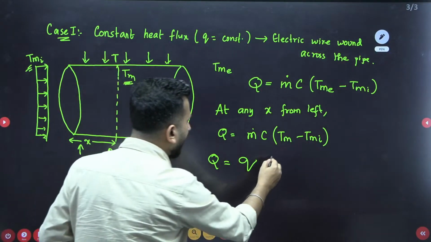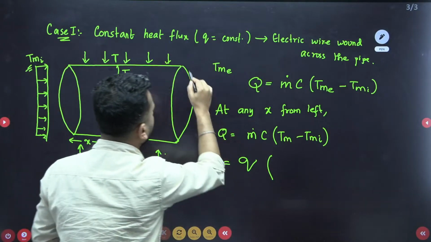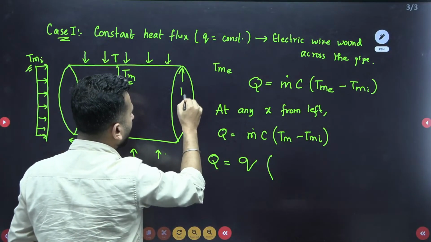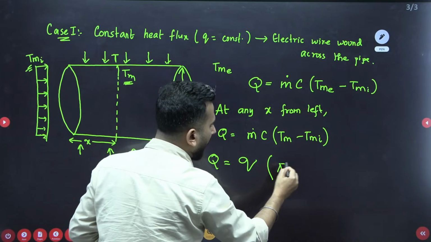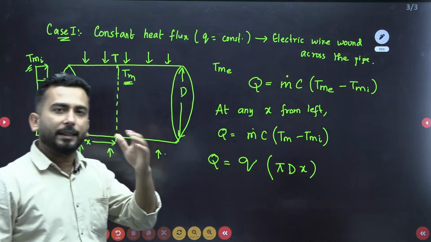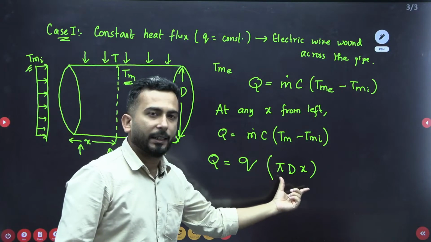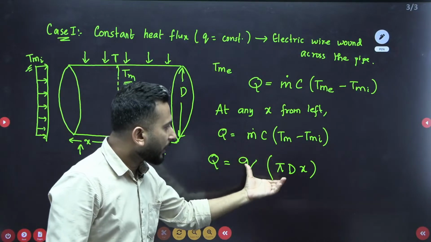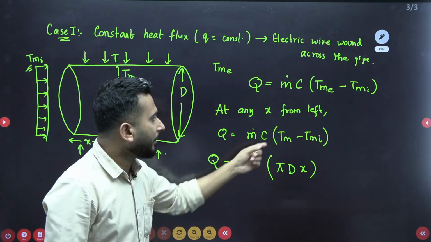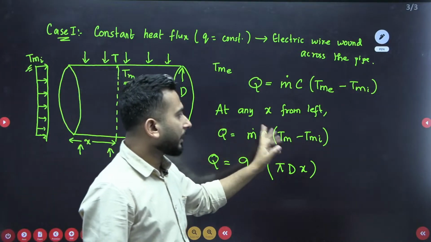And what is the area? Till x distance, what is the area of the wire? Let's say the diameter is d, so pi d circumference into length x. So this becomes area into heat flux.